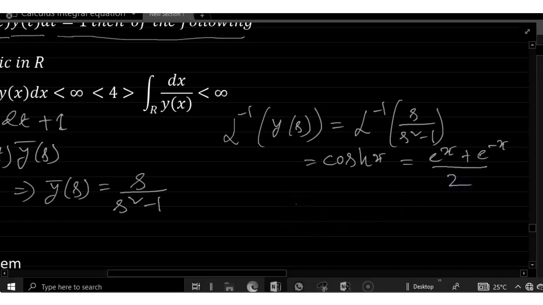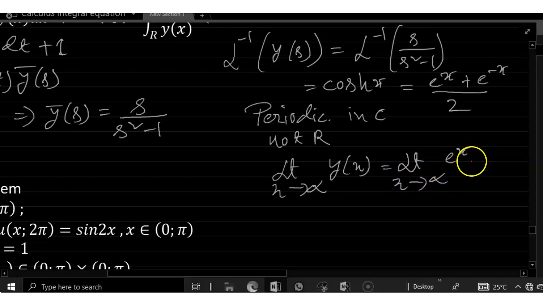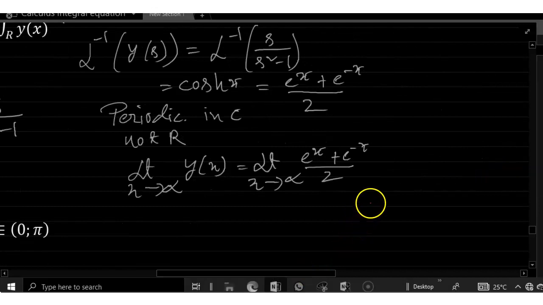So it is periodic in C, not R. And the limit as x tends to infinity of y(x) equals the limit as x tends to infinity of (e to the power x plus e to the power minus x) divided by 2, which equals infinity, that is unbounded.